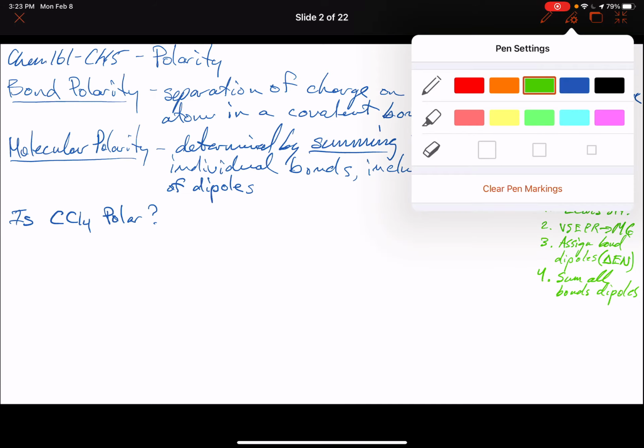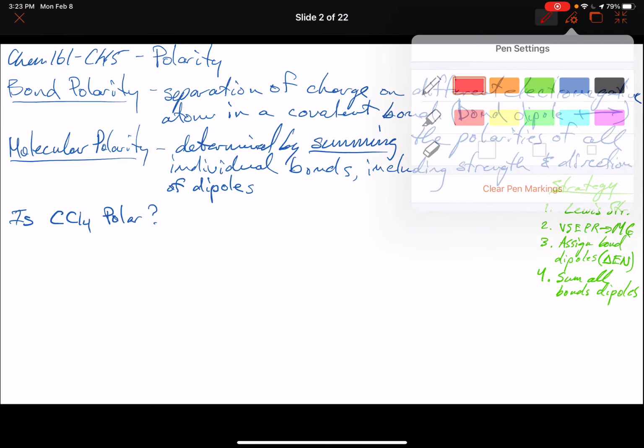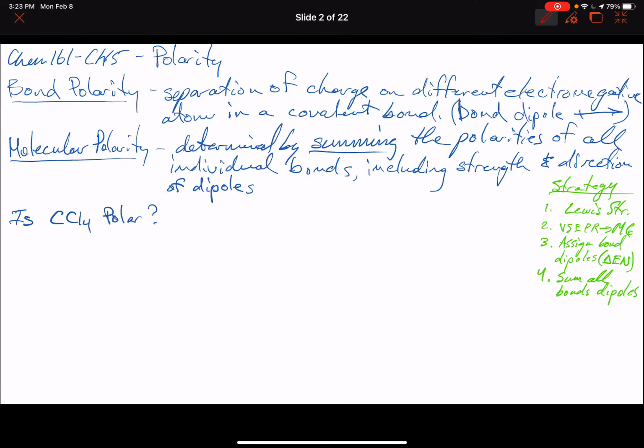Okay, so that being said, let's take a look at this example, CCl4. So based on the 4 valence electrons from carbon and the 4 times 7 equals 28 valence electrons from chlorine, you should determine a Lewis structure that is the following.